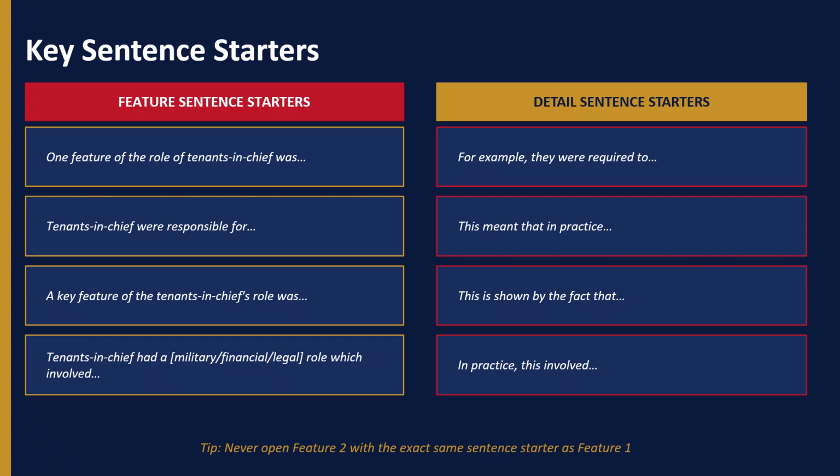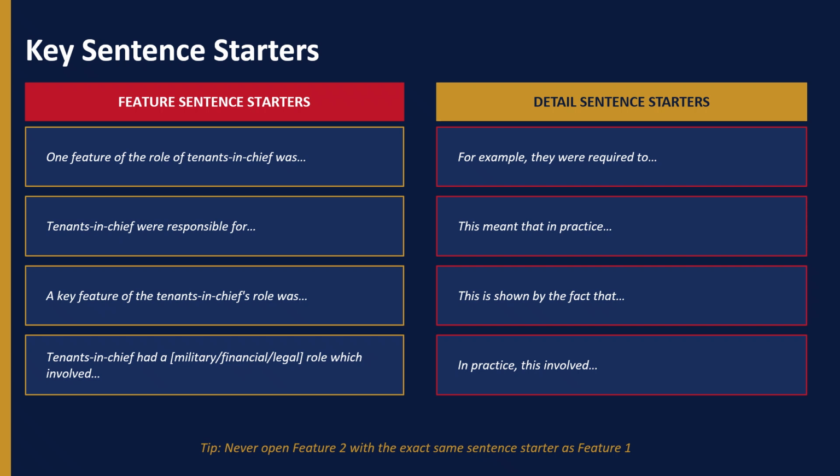Now here are some sentence starters that I recommend, not because you must use them, but because they steer you towards the structure that examiners reward. For your feature sentences: one feature of the role of tenants-in-chief was, or tenants-in-chief were responsible for, a key feature of their role was, tenants-in-chief had a military or financial or legal role which involved.